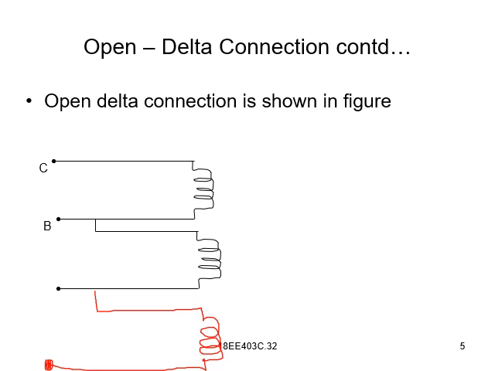This is a closed delta, fully a delta. And if one of the phases is opened, then it looks in this way. So there is no phase A, we have only B and C.